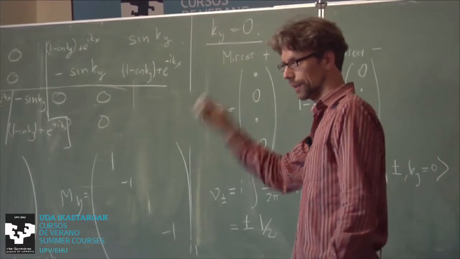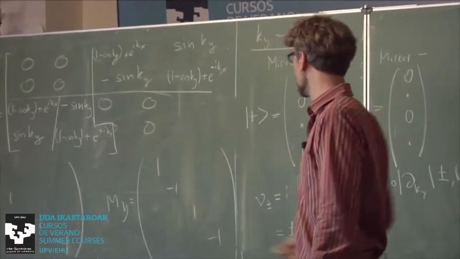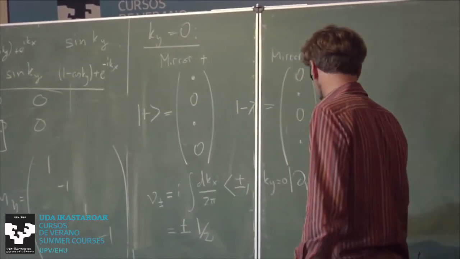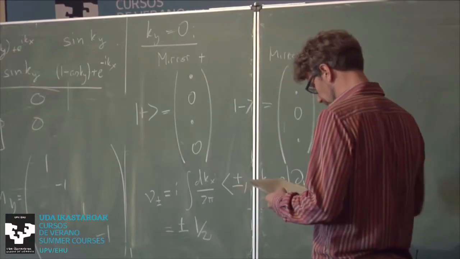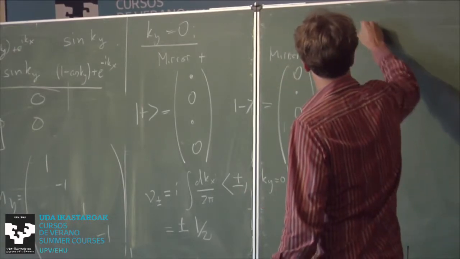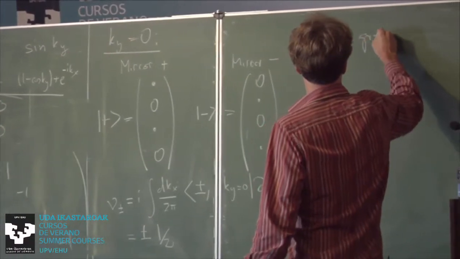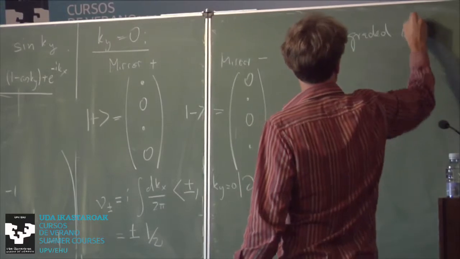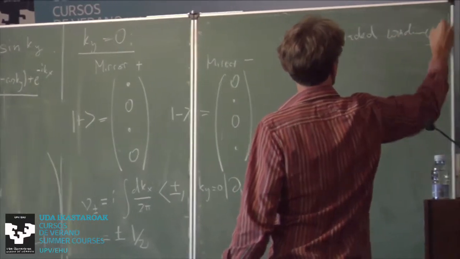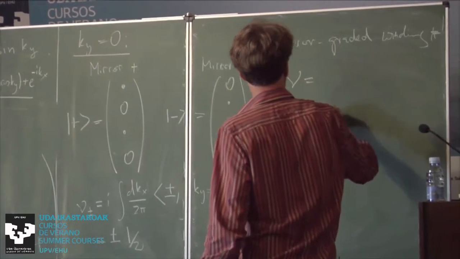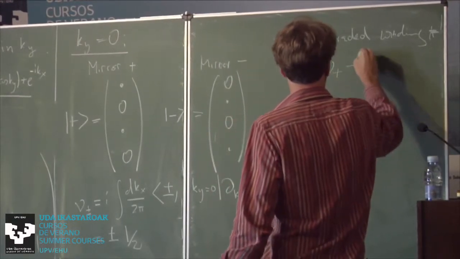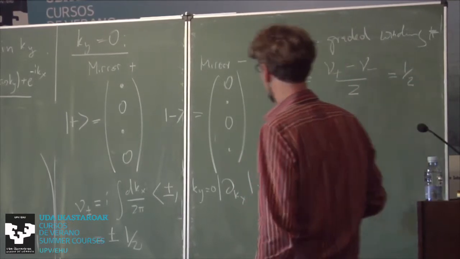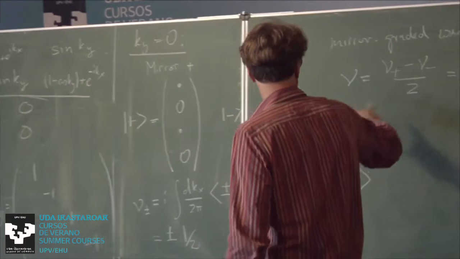It maps ky to minus ky, but at ky equal to 0 and ky equal to pi, it's a good quantum number to distinguish the wave functions, and so now I can write a mirror graded winding number, which I call nu, and that is nu plus minus nu minus over 2, and that is equal to 1/2 here, right?